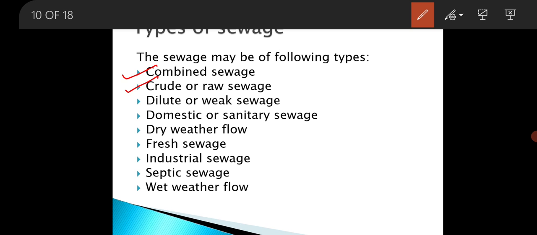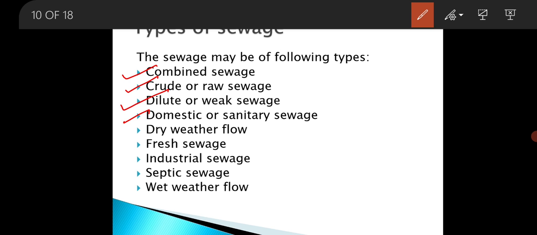Second one is crude or raw sewage. This indicates the sewage that is not treated. Third one is dilute or weak sewage. This term is used for sewage containing less suspended solid matter. Then domestic or sanitary sewage.